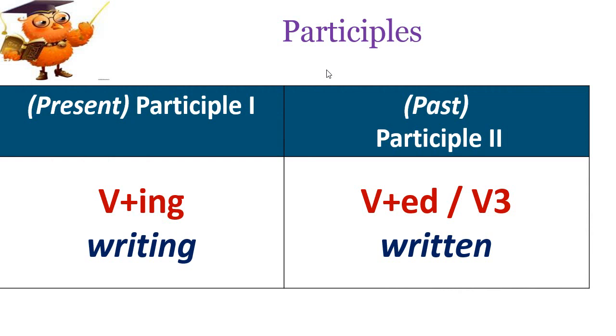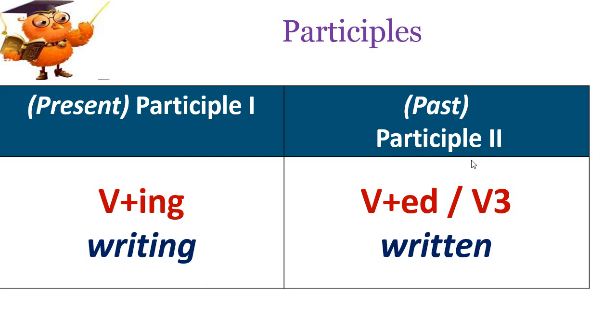Now look at what participles are and the kinds of participles. Here we have participle 1 and participle 2. Participle 1 can also be called present participle. To form present participle, we add the ing form at the end of the verb, for example, writing.